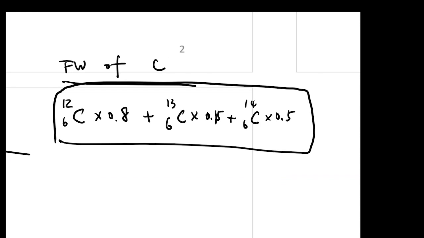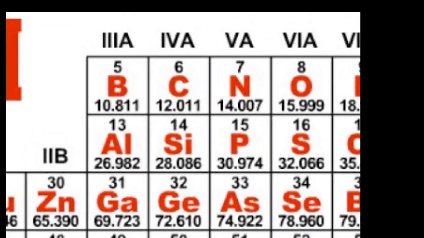From here, you should be able to see the number you get will never be an integer. If you look at your periodic table, you see the molecular weight of carbon is 12.011. That 12.011 is the average result when you consider the masses of all the isotopes.